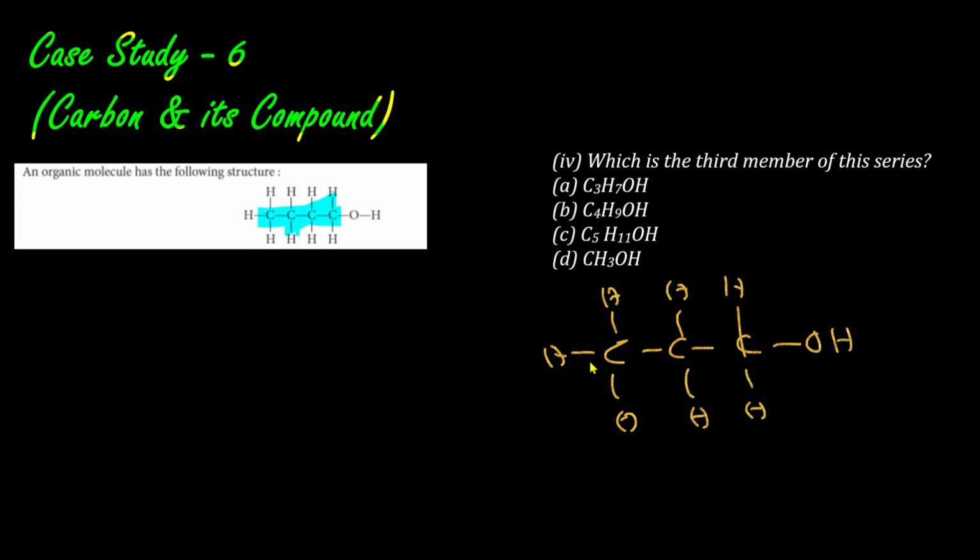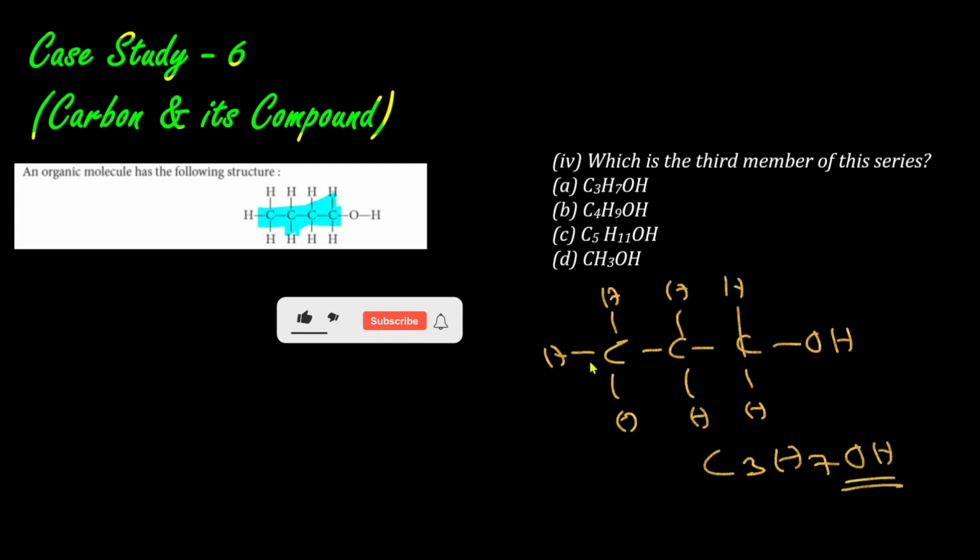You may join in any other way. So you can figure out there are 3 carbon atoms bonded with 6, 7 hydrogen, and OH we write by convention at the end. Well, we got this. A is the correct option in this case.